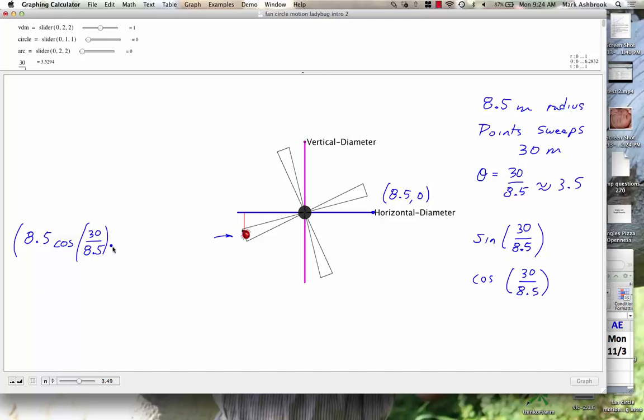I tried to leave a lot of room. Will I have enough? And then the y-coordinate? Sine of 30 over 8.5 is a fraction of the radius length, and we want that fraction of 8.5. So we just multiply by 8.5.